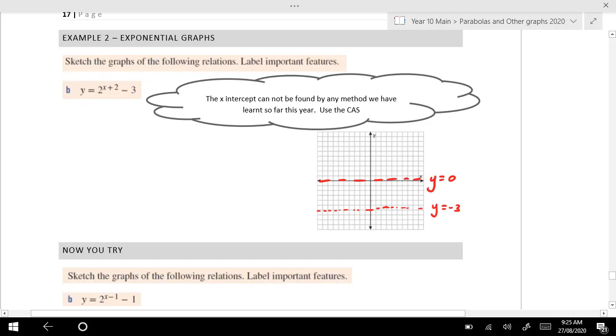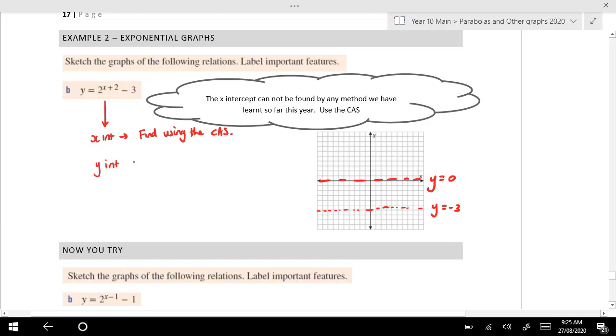Okay, so now that we've got that, let's go ahead and sketch our graph. First of all, the x-intercepts are beyond the scope of this course. We are just going to find them using the CAS. Okay, we can find the y-intercept though.